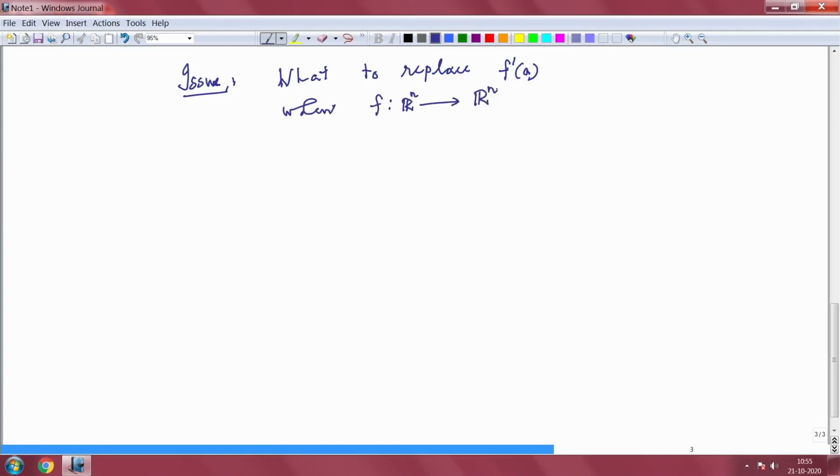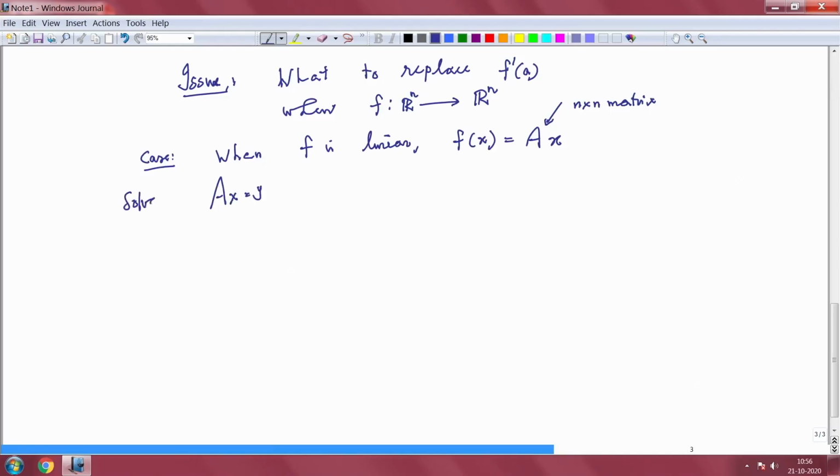One particular case where you can easily see what it will be is when f is linear. When f is linear, it essentially means f is given by a matrix A, Ax, where A is an n by n matrix, and you want to know the solvability of Ax equal to y.